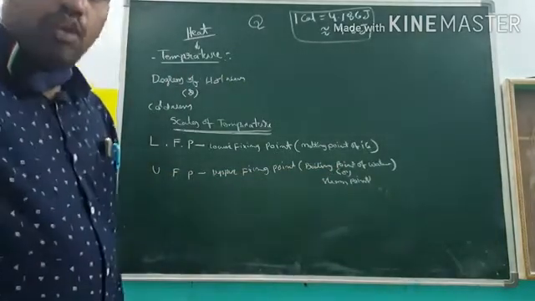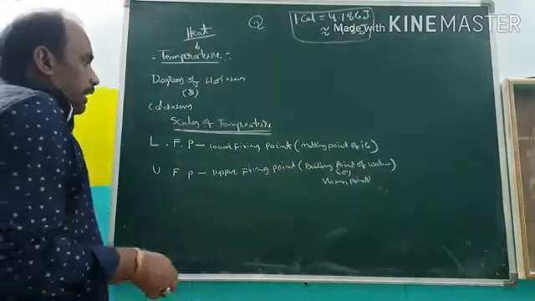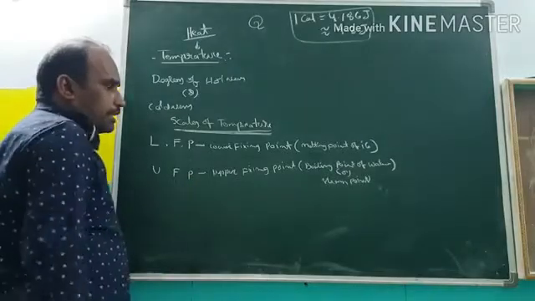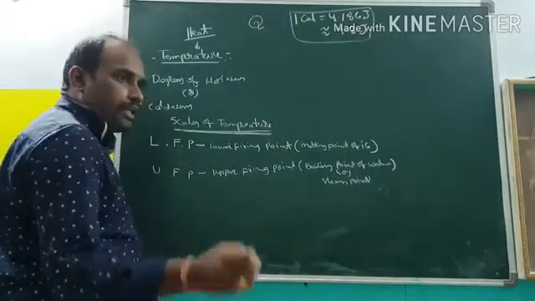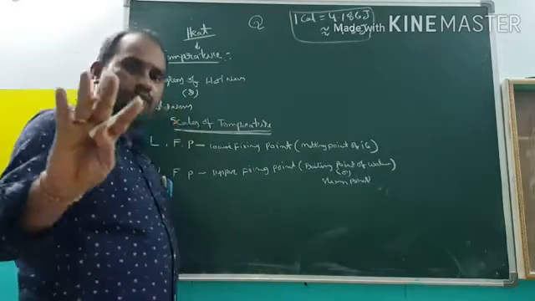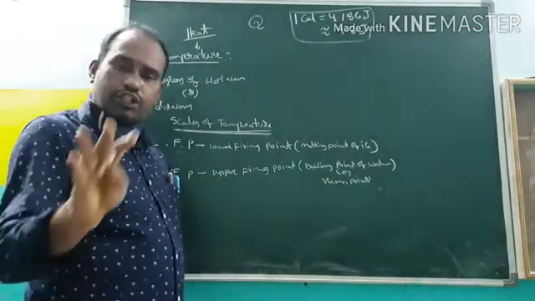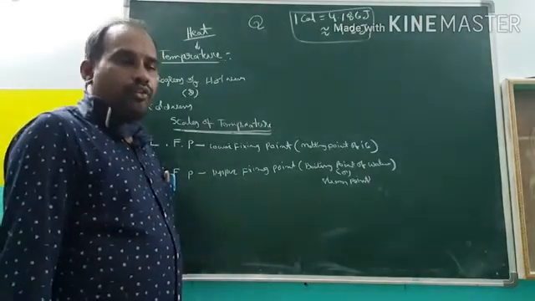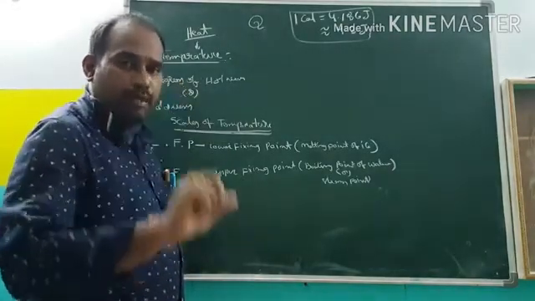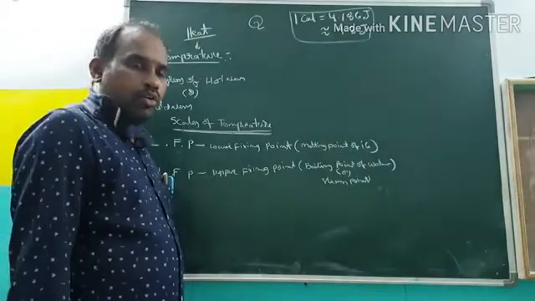Are you clear now? So here, for the scales of temperature, there are mainly 4 different types of scales in general physics. But in the 10th class, we are learning 2 different scales of temperature.